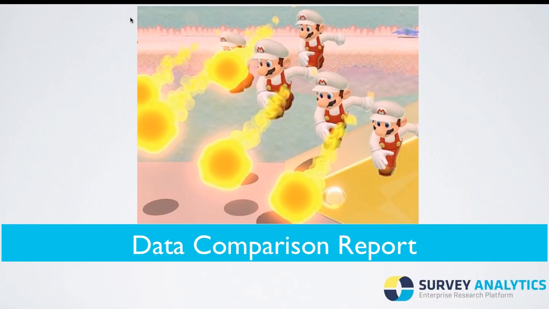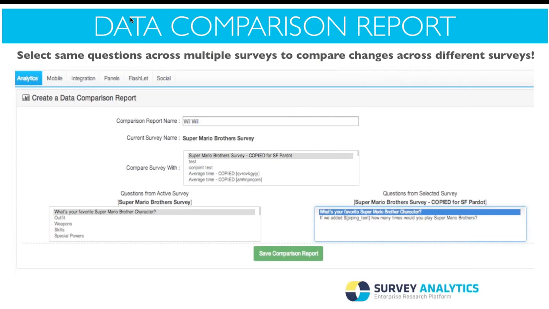And what this does is allow you to select the same questions across multiple surveys to compare any changes across the different surveys. So say for instance here, I am trying to see, how many people on the Wii are asking, what is their favorite Super Mario Brothers character.